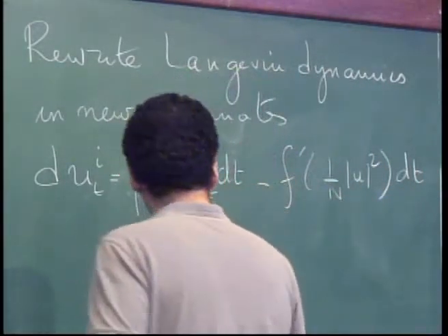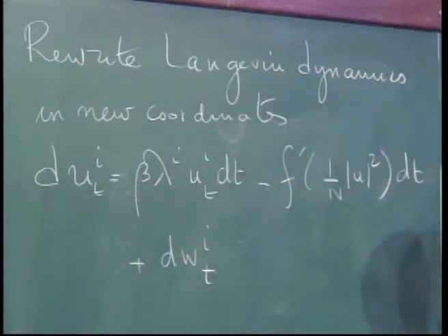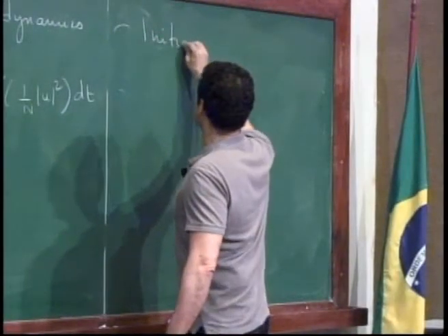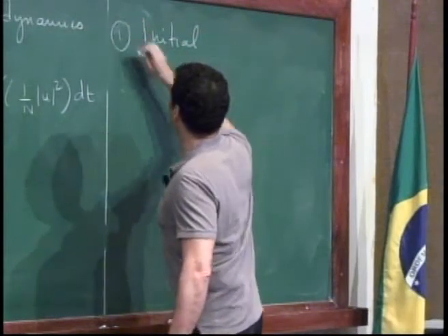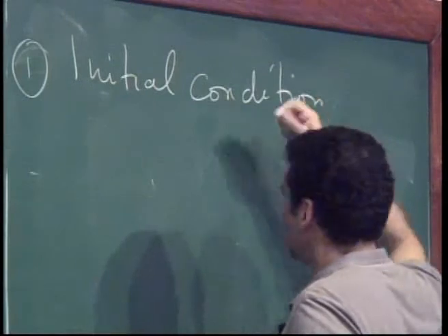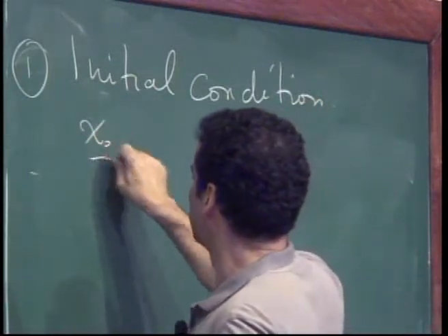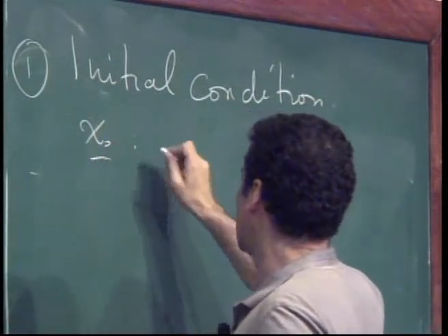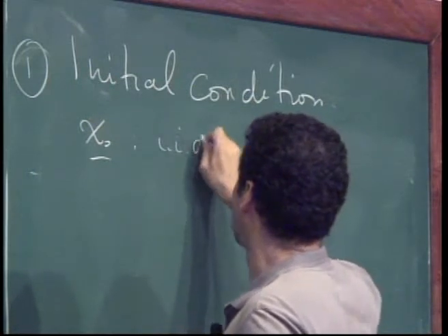So this will depend very much on the initial condition, but I will first describe the most natural thing. So let's take the initial condition. That's case 1. The initial condition x0 to be taken IID if you want.